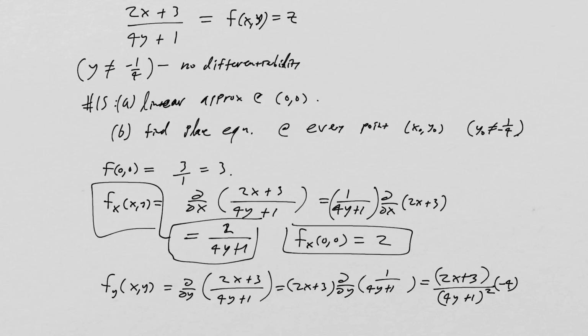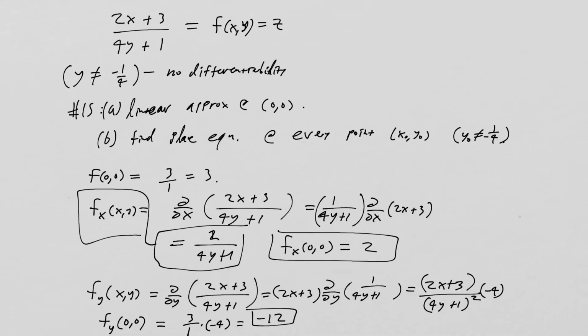Okay, cool. So now what we're going to do, of course, is find fy at 0, 0. That's going to be 3 over 1 times negative 4, which is equal to negative 12. Okay, so those are our values.